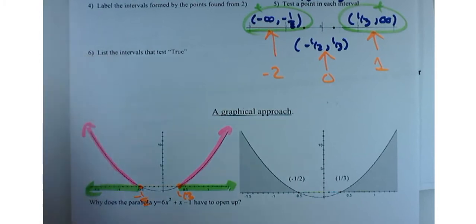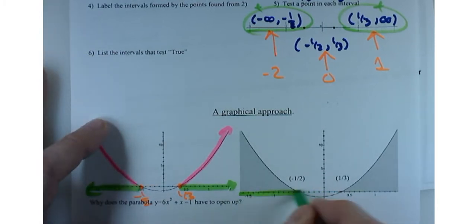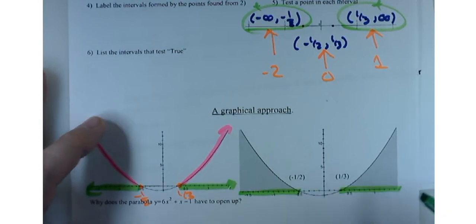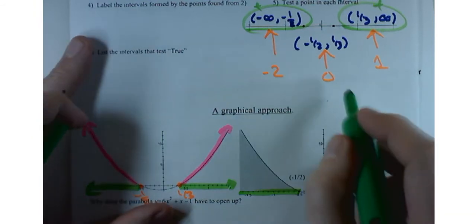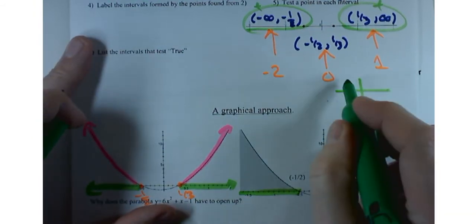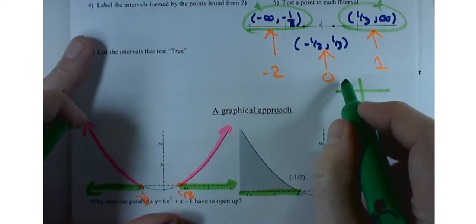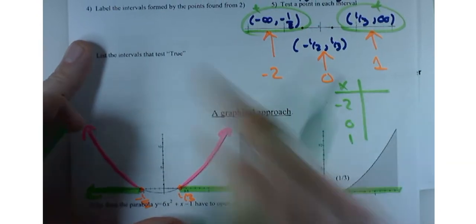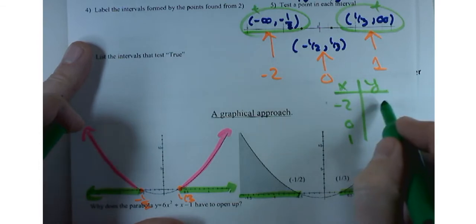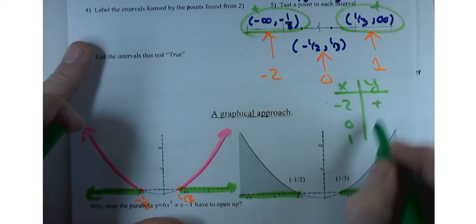Now, if you were to actually test that and see that, yeah, I want this interval here and this interval here, great. You can do that by testing points in your graphing calculator. If you take the points -2, 0, and 1, and plug them into your graphing calculator, you'll get y values that are positive, negative, positive.